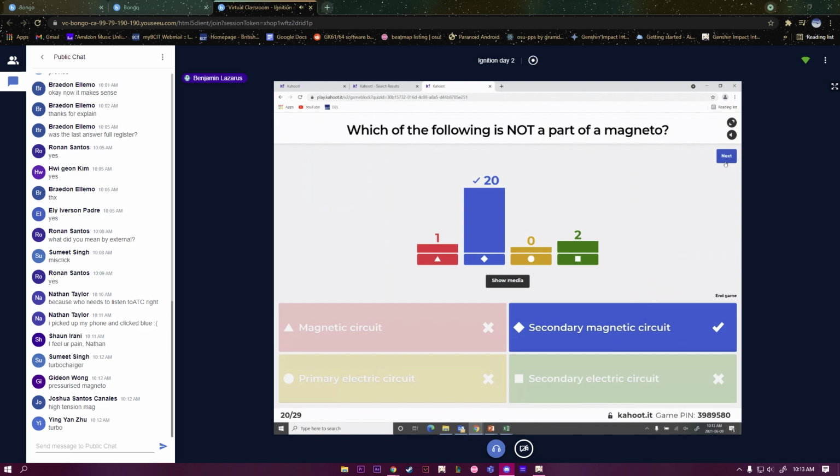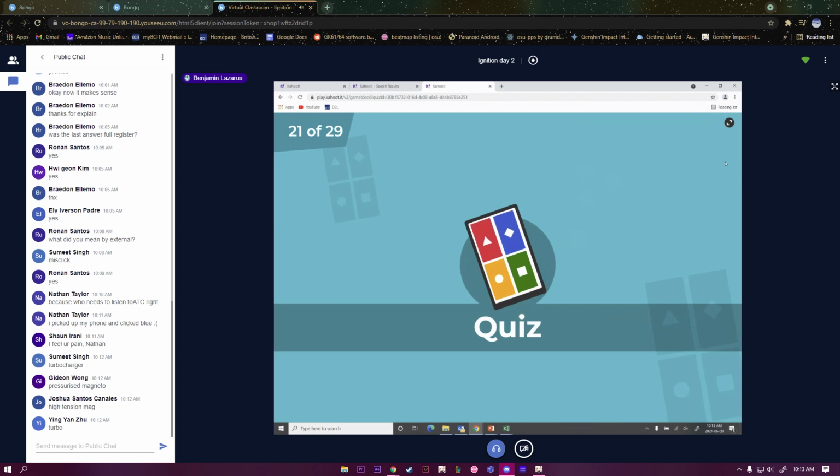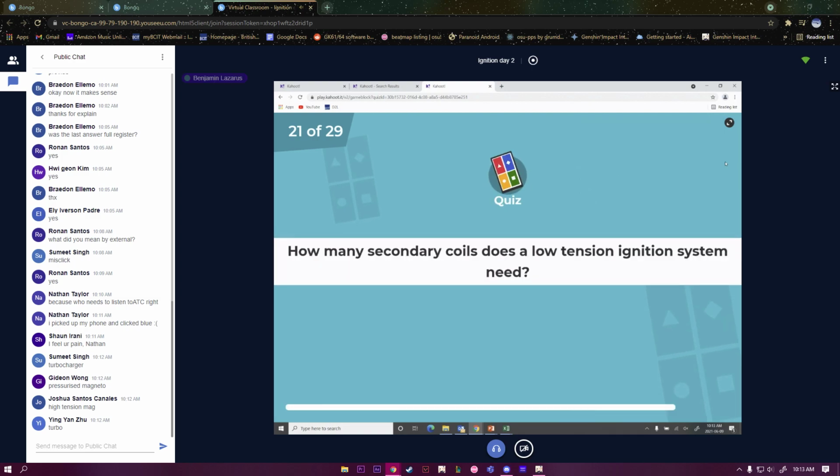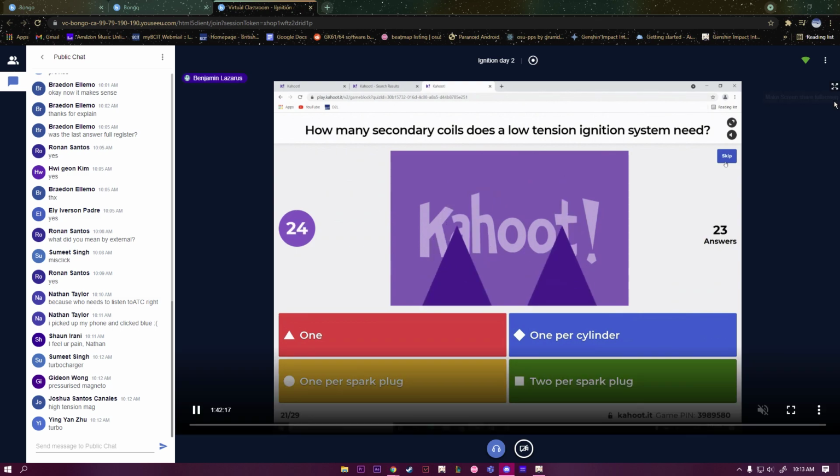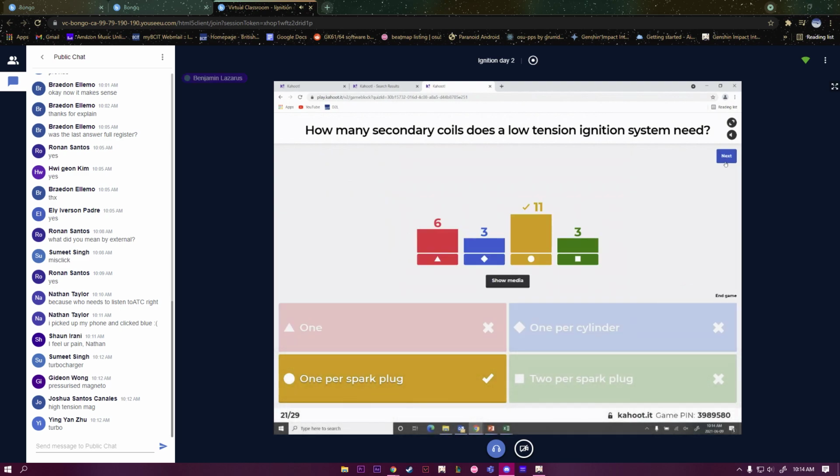Right, secondary magnetic circuit. That's a fiction, it doesn't exist. One per spark plug.